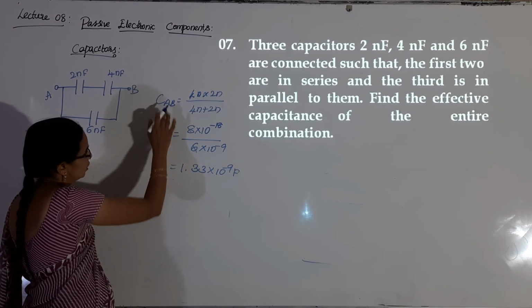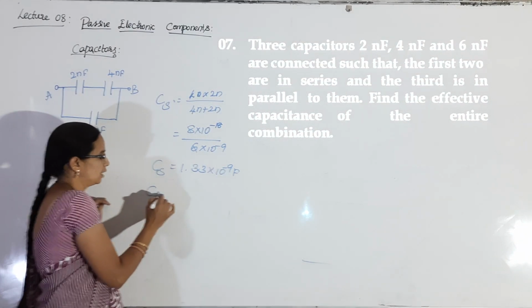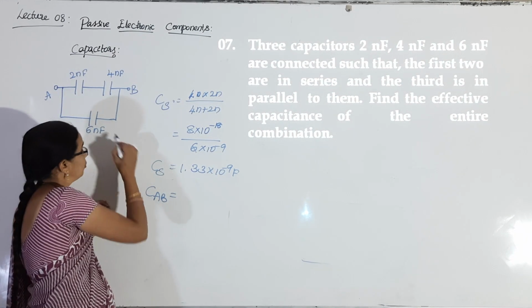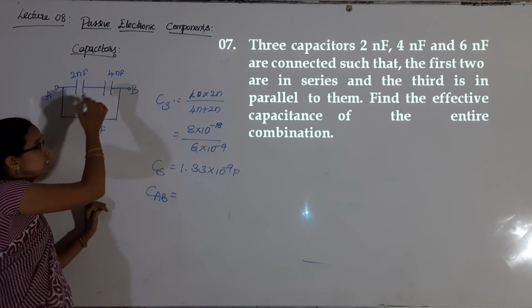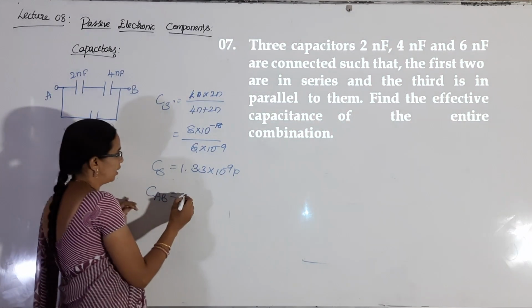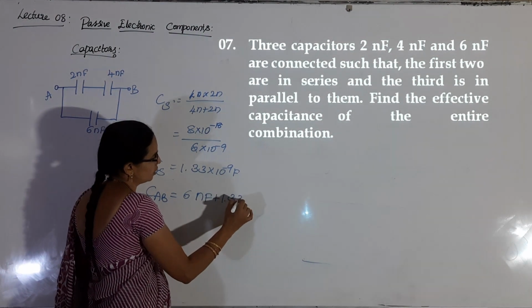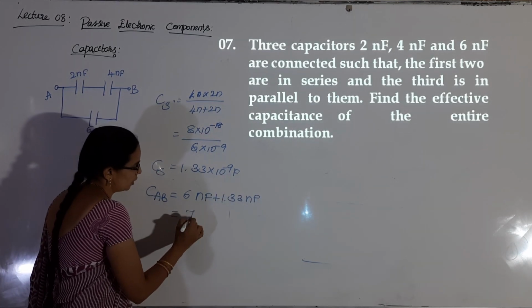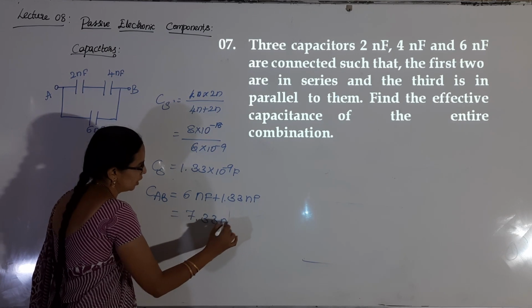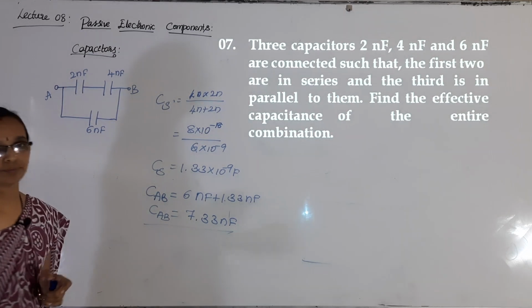Series combination I will take. CAB I will calculate now, and that will be in parallel with this. These two are in series and that is parallel with this, so that will be added: 6 nanofarad plus 1.33 nanofarad. What will you get? 7.33 nanofarad is the final answer.